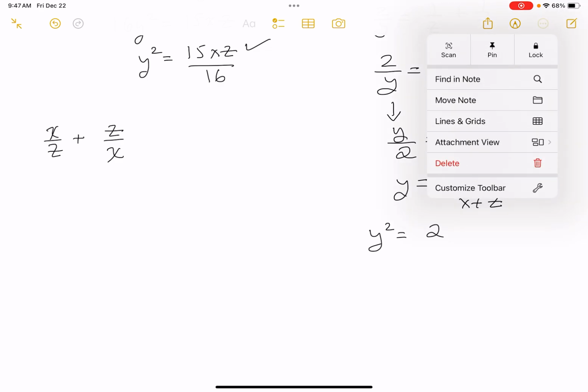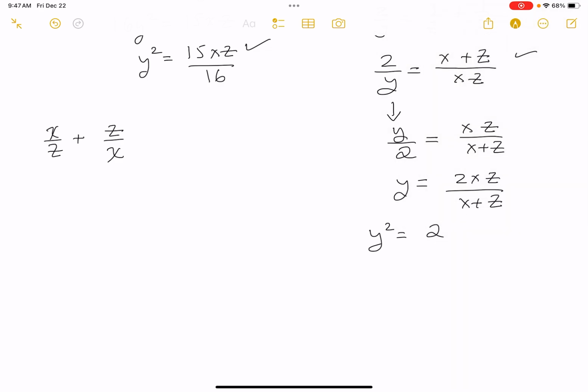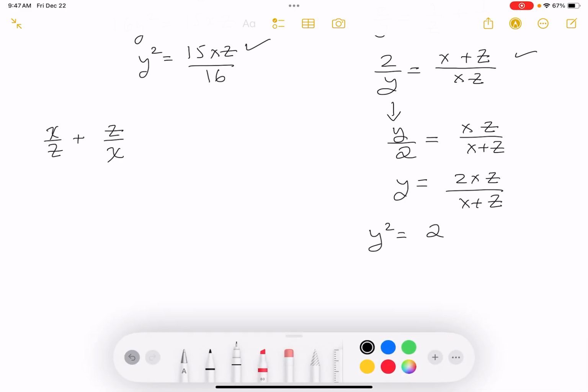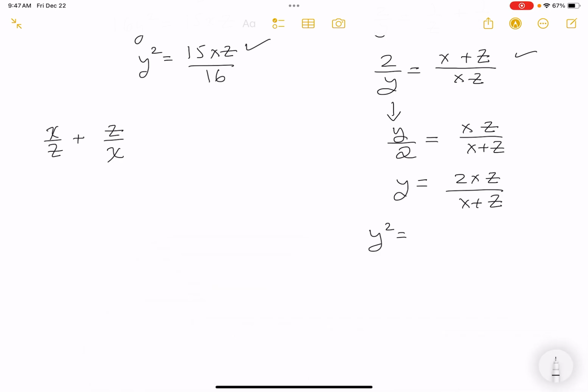Let me get my thing out again. I'm squaring, right? So it's 4 x squared z squared. I'm squaring it. The bottom is x squared plus 2xz plus z squared.